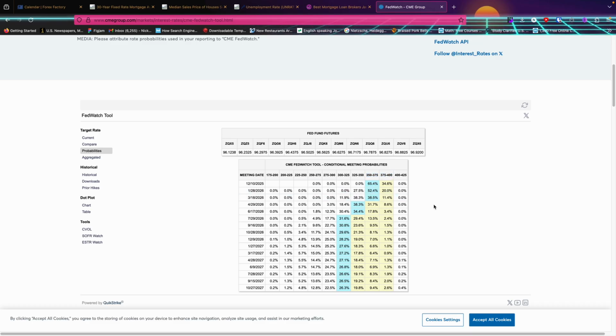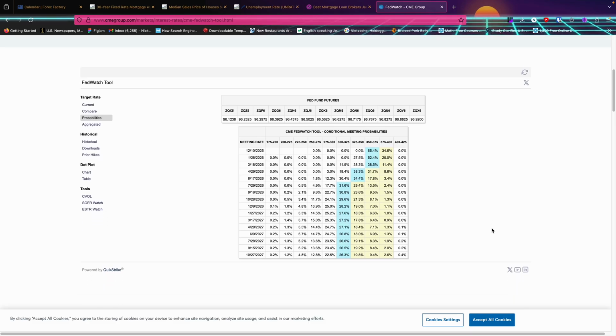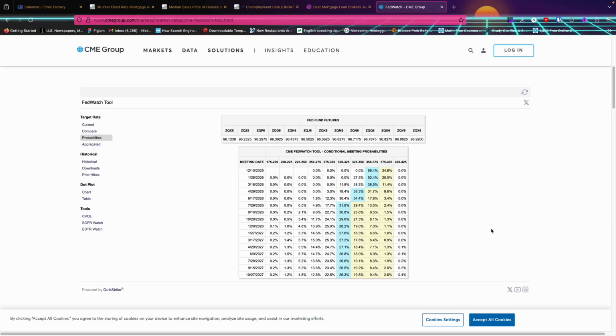So maybe it's not a 1% spread, but anyway, unless the bond market just really picks up because of some kind of black swan event where people are flooding out of the stock market and into the bond market for whatever reason, then we probably won't see anything too crazy.